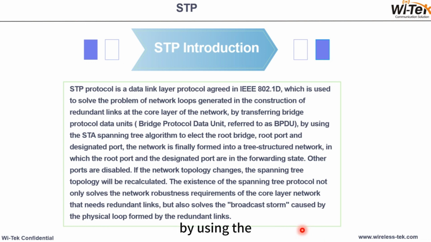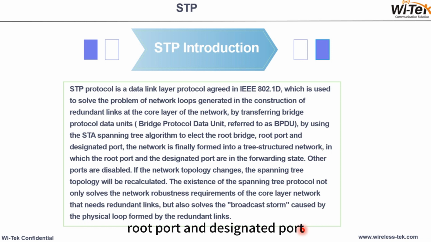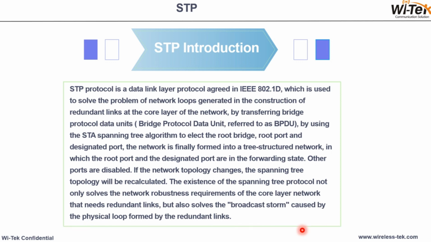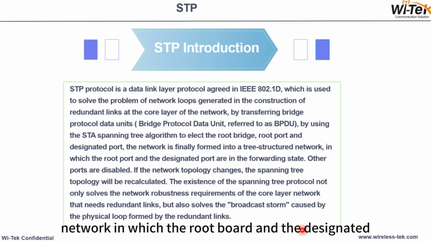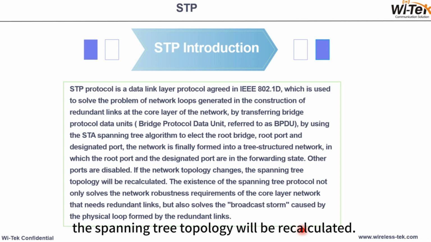By using the spanning tree algorithm to elect the root bridge, root port, and designated port, the network is finally formed into a tree-structured network, in which the root port and the designated port are in the forwarding state. Other ports are blocked. If the network topology changes, the spanning tree topology will be recalculated.